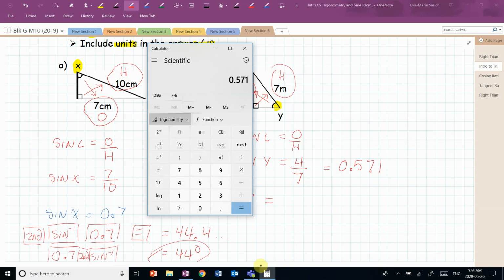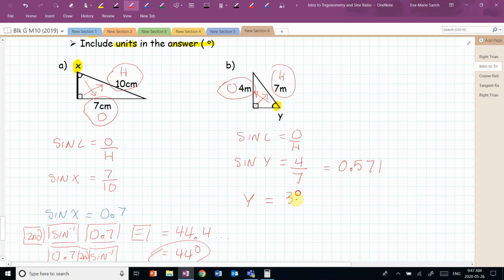Then I'm going to go to trigonometry, and I need my second function and the inverse of sine, and we get 34.81. Remember, we're rounding to the nearest degree, so this is 34.8. We're going to cut it off to a whole number for the degree, and Y is going to equal 35 degrees in this case, because we're going to add 1 because it's a 5 or higher. Okay?